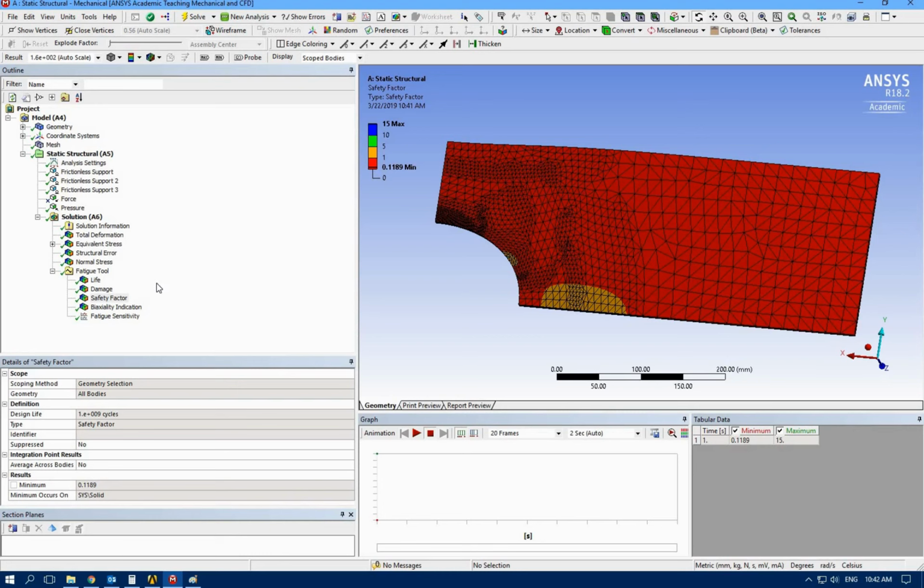And as you can see, for this case the safety factor is 119, but it used to be 0.3, so 3 times smaller because of the environment effect. So remember to consider those cases too.